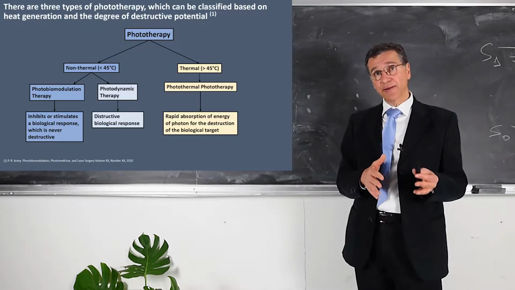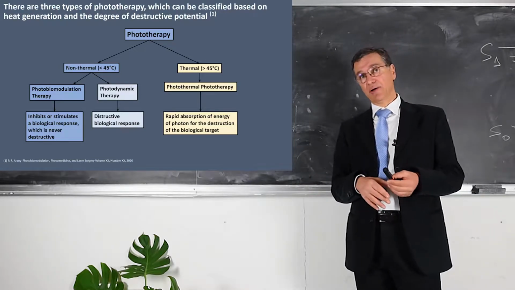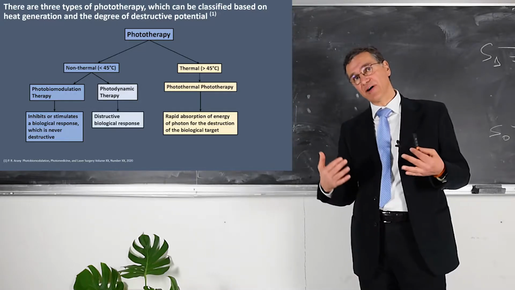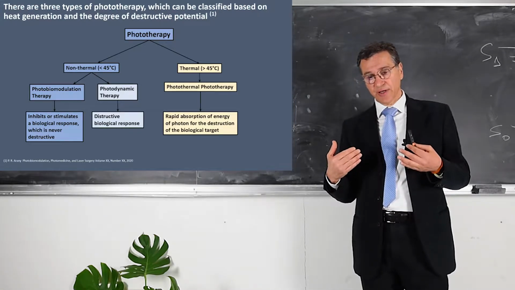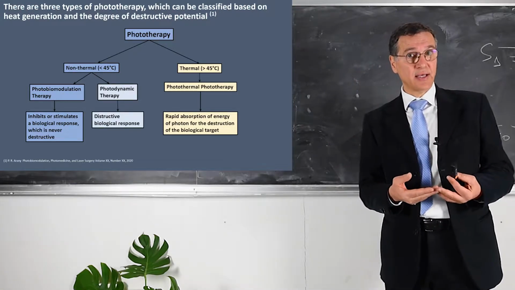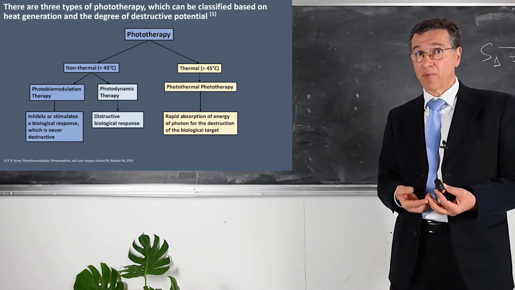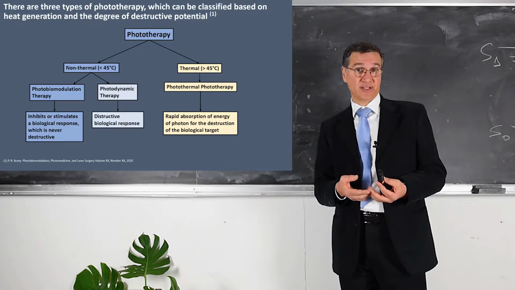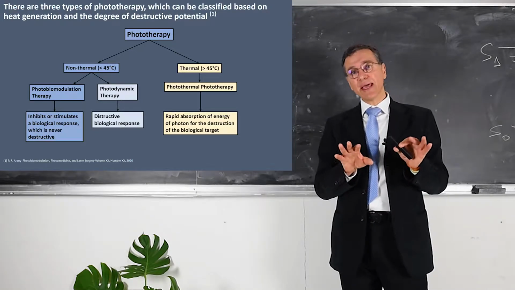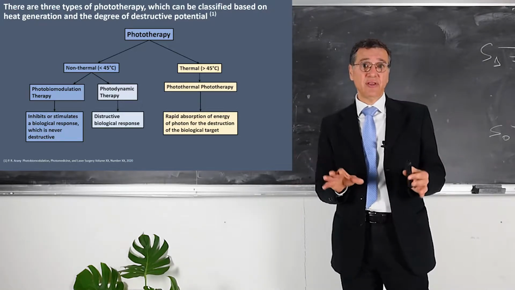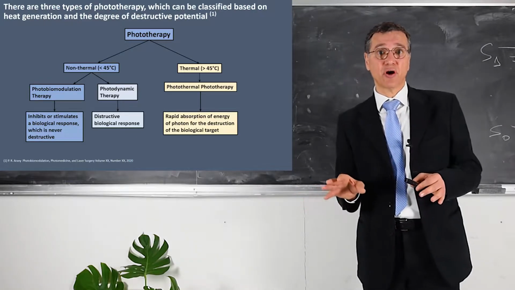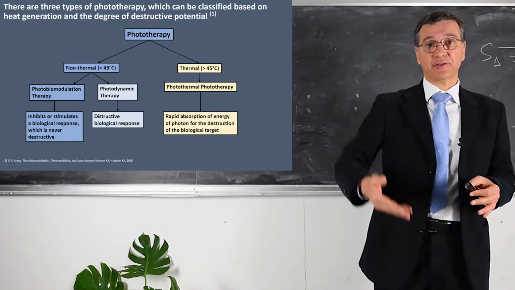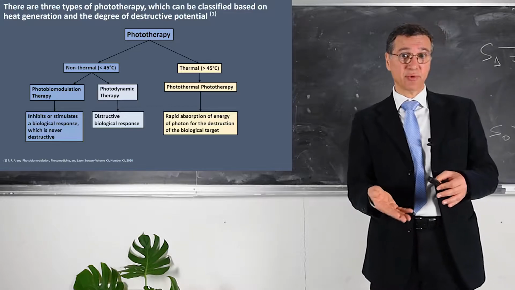On the other side, there is a pure photochemical effect, which is due to the fact that the photons are again interacting with chromophores and inducing a photochemical effect. But then we may have two classes of chromophores. The exogenous chromophores that we insert inside of the subject from the outside.